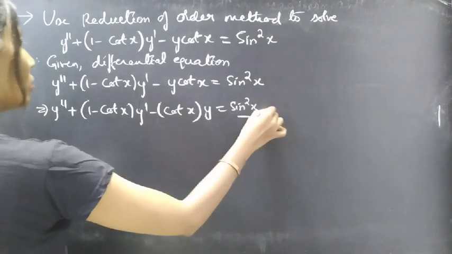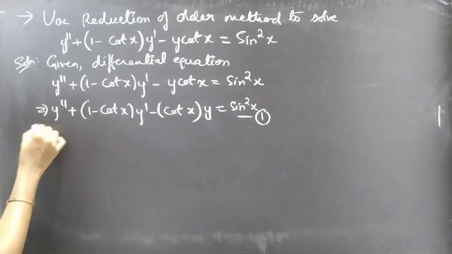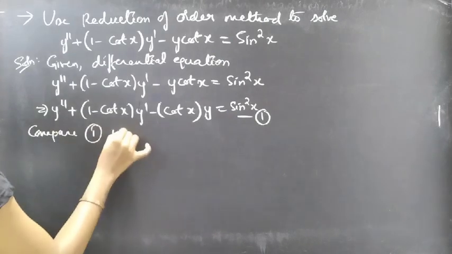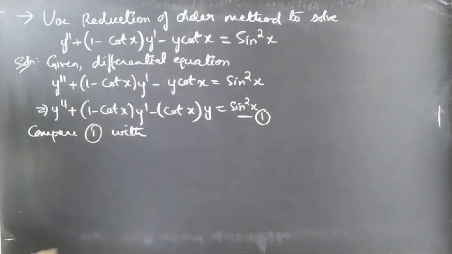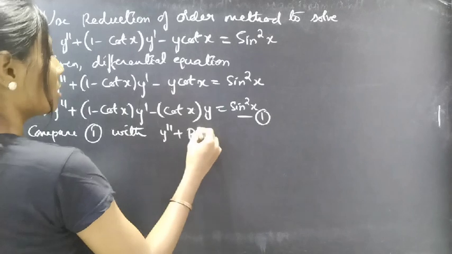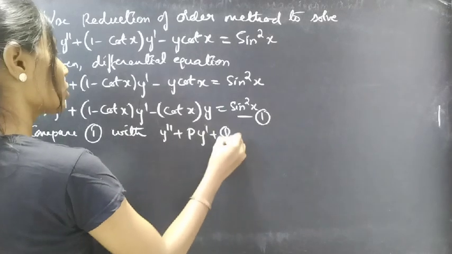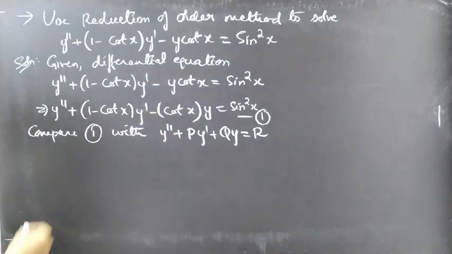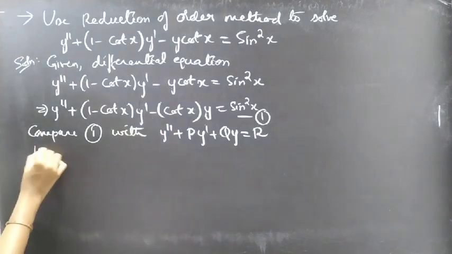Consider it as equation number 1. Now compare the given differential equation, equation 1, with the standard form of a second order linear differential equation, y'' + p y' + q y = r. Now by comparing these two, we'll get p, q and r.